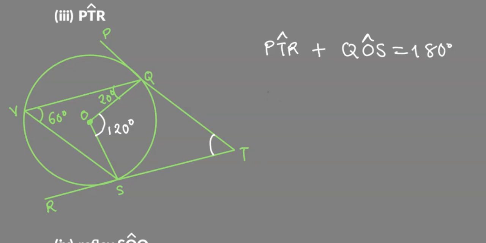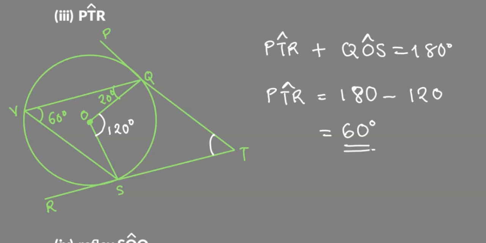Therefore, if we make PTR the subject, we can find the value. We've got 120 there. We can forget about the zeros here. We can just say 18 minus 12, which is 6. Then we add the zeros that were there. Just add 1, by the way. And therefore, PTR is equal to 60 degrees.